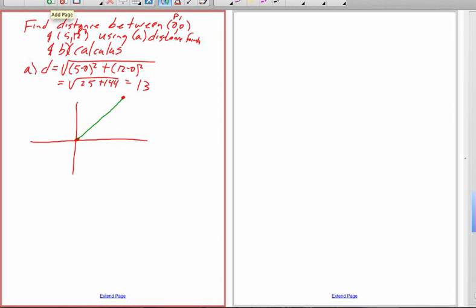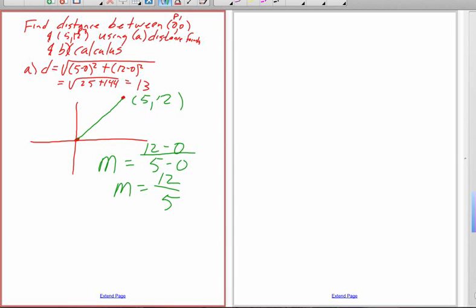So we need to find the equation of the line. This is 5, 12, and this is 0, 0. So my slope is going to be 12 minus 0 over 5 minus 0, delta y over delta x. Well, my slope is 12/5.